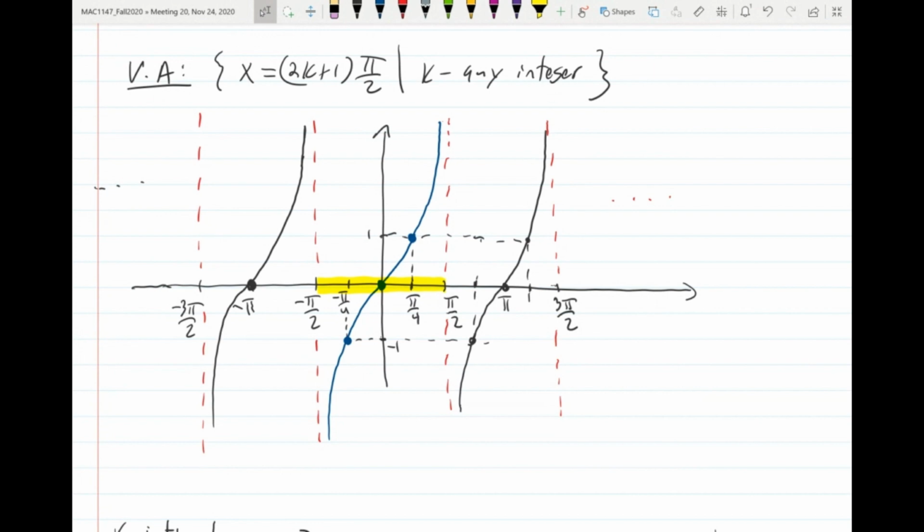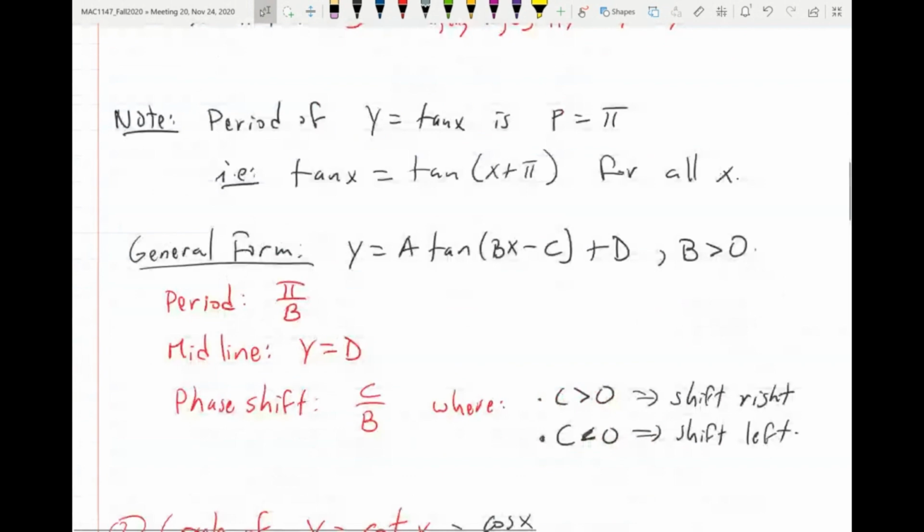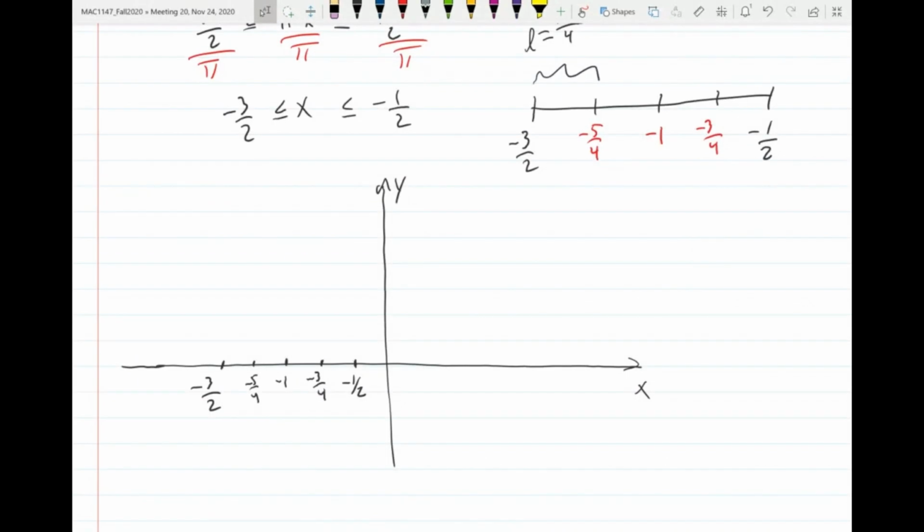In our case, going down to -1, okay? So we're taking this picture, we're shifting it down to -1, and then we're moving to the left 1 unit, together with some stretches that we already took care of by putting the values, because we got rid of the pi, okay? All right, so let's see. That means that the midline is -1, so if this was 1/2, then -1 is going to be here.